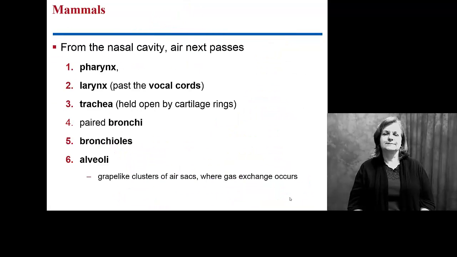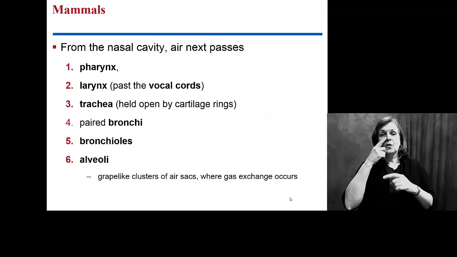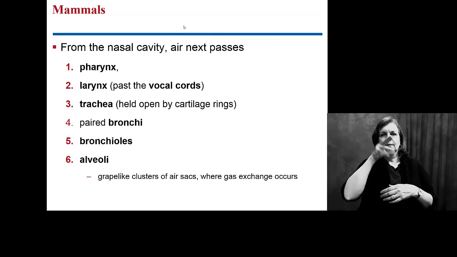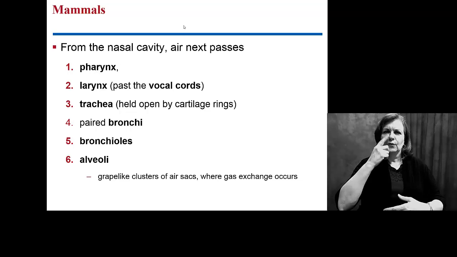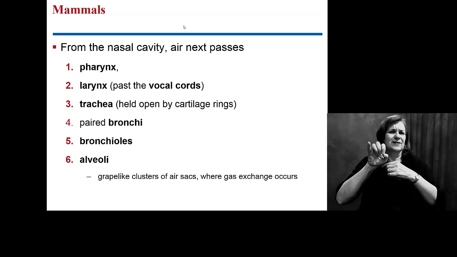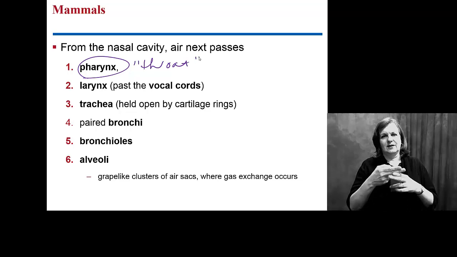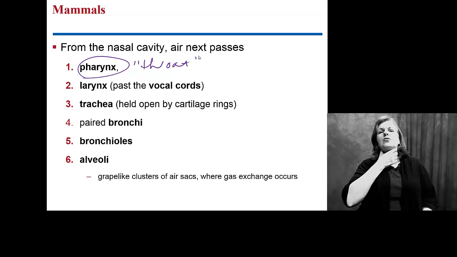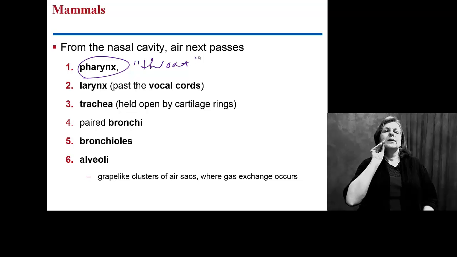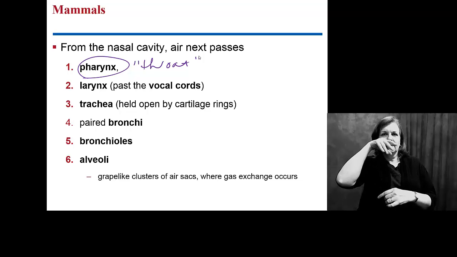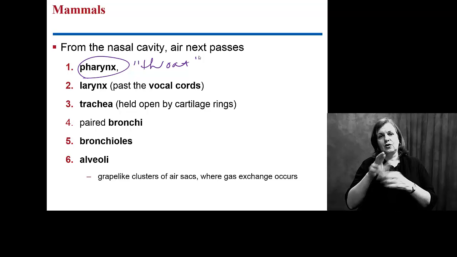So if we move from your nose into your lungs, this is the path we take. Breathe in through your nose. Big sniff in. Where does that air go? It goes into your pharynx, which is also known as your throat. So it's actually coming down into your mouth, right? But the whole idea of bringing it in through your nose is it's going to pass by your sinuses.